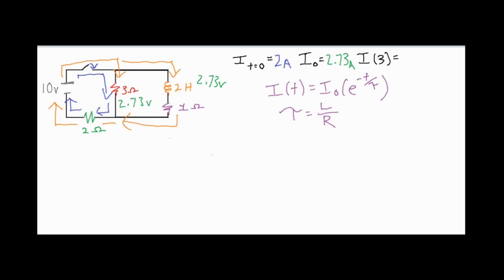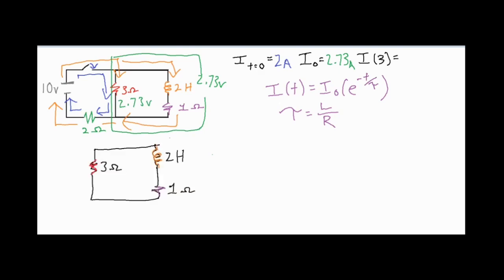So let's see what that looks like. Now we're going to reopen our switch over here. That's going to cut off the complete path to this whole chunk on this side of the circuit, and it's basically going to leave this entire chunk over here. So let's redraw this.